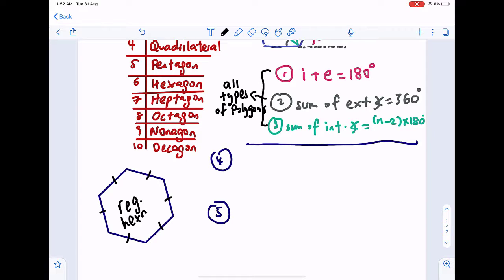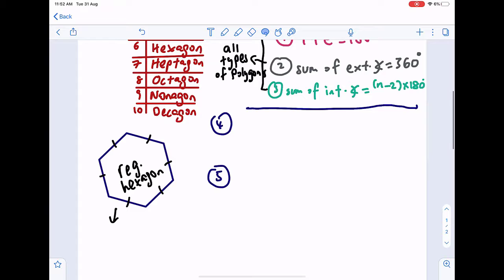If all the sides are the same, take note, all sides are equal to each other. So for example, if this is 5, all the lengths will be 5. And not just that, all the interior angles are equal as well.